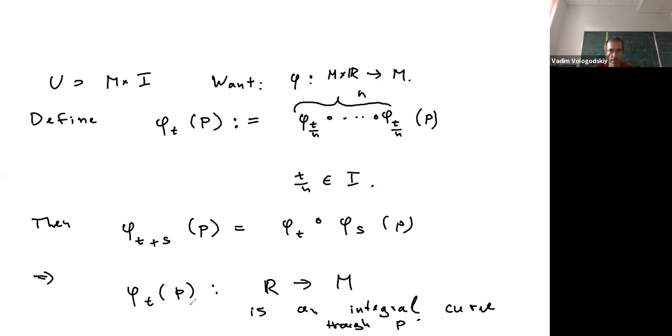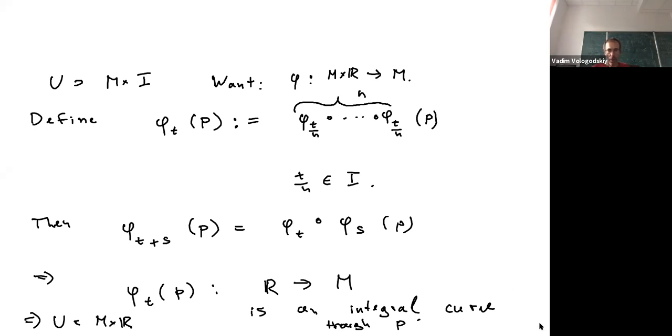Because it passes through point P. It's defined for all t, and it's definitely tangent to the vector field theta. So it means that U is actually M times R. All integral curves are infinite. Okay, so this completes the proof of the theorem.